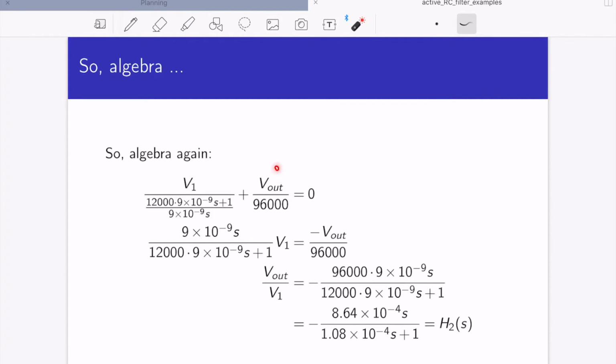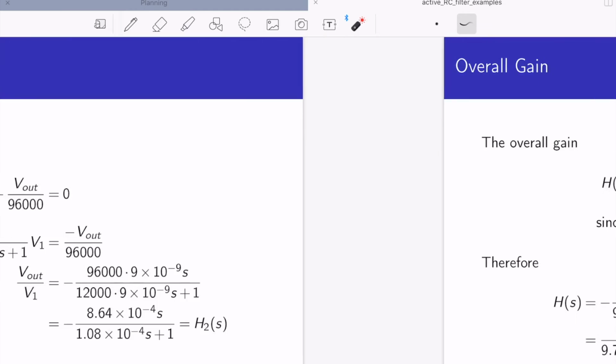And then we'll move the V out over 96,000 to the right-hand side. Then we take the ratio, and we end up with this. Simplifying the terms gives us these values, and we will call that H2 of S.